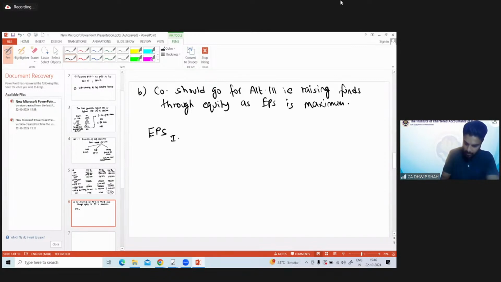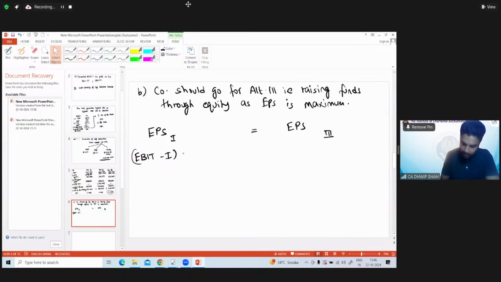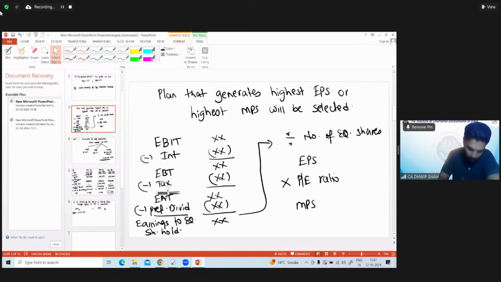EPS of alternative 1 is equal to EPS of alternative 3. The formula of EPS is EBIT minus interest. From this table, we started from EBIT, we subtracted interest and reached EBT. Now after EBT, we subtract the tax. So I can write it this way also: EBIT minus interest multiplied by 1 minus T will give you earnings after tax.